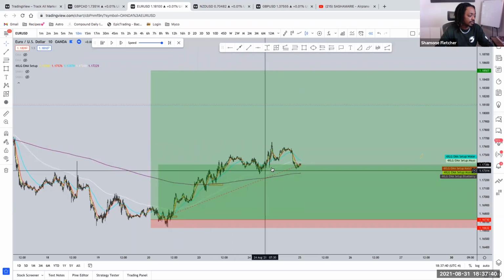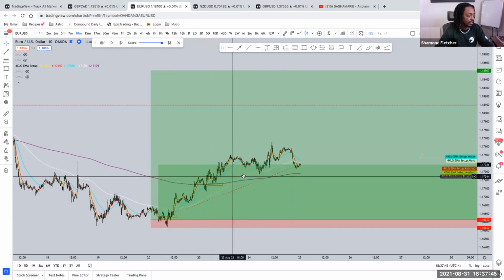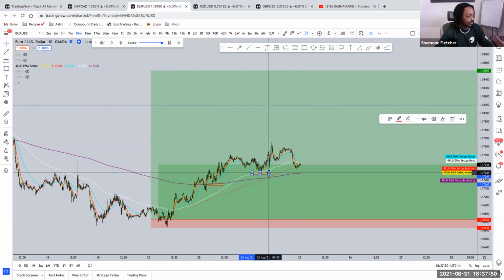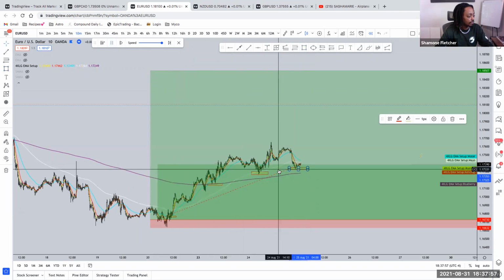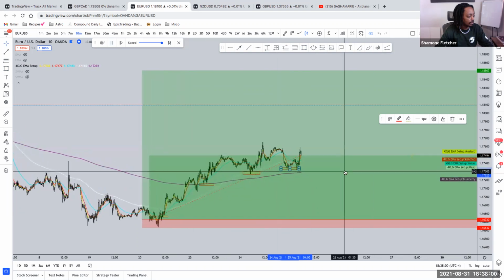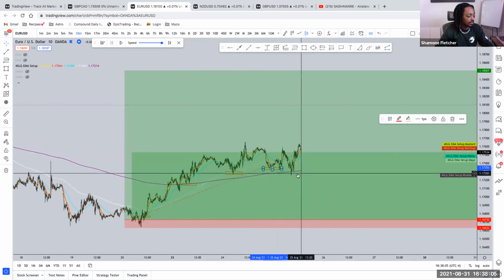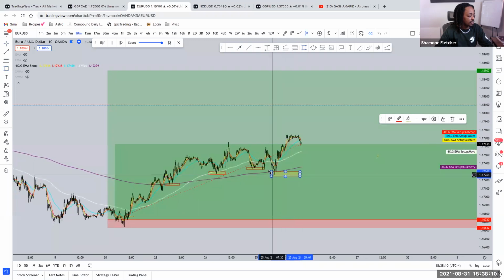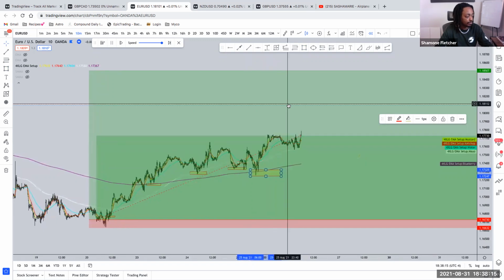We are just pulling back to retest the trend every time. Look at that. Even when it came here, all it did was retest the 8-hour trend. So this was another entry and confirmation that you are in the right direction.